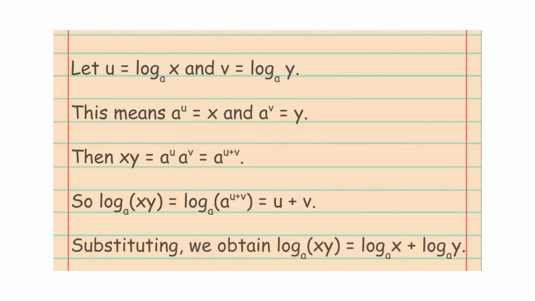Doing a little substitution, we obtain log base a of x times y equals u plus v. Well, what are u and v? Well, let's go to the top. U equals log base a of x, and v equals log base a of y. So with a little substitution, I get my sum to product or product to sum property of logs.